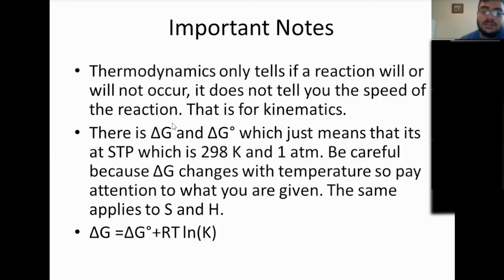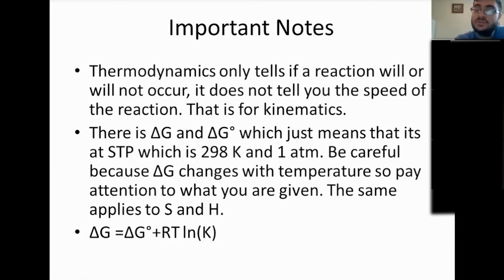And then lastly, and I touched upon this before, there's a difference between delta G and delta G standard. Delta G standard is the delta G of the reaction at standard temperature and pressure, which is STP. Standard temperature is 298 Kelvin or 25 degrees Celsius, and standard pressure is one atmosphere, right?